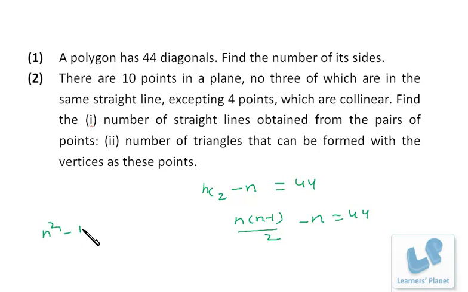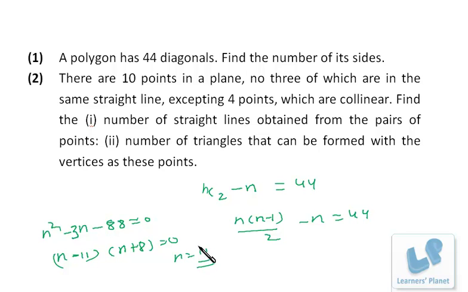It's n square minus n minus 2n, that means minus 3n, is equal to 88. So n square minus 3n minus 88 is equal to 0. So it's n minus 11 into n plus 8 is equal to 0. So n is equal to 11. So the polygon has 11 sides.